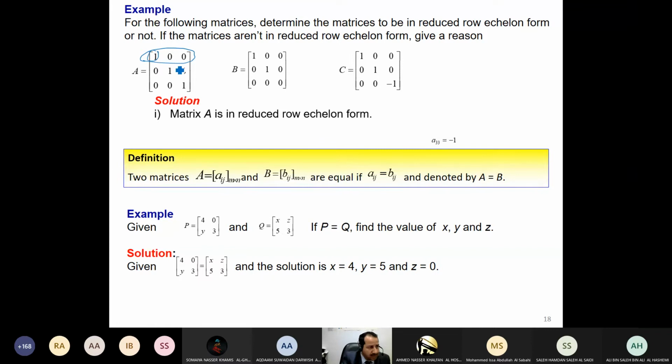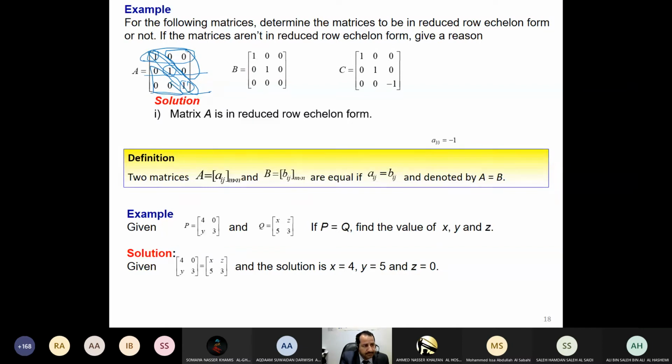As you can see here, the second row started with 1, one step behind. And the fourth condition we added to say that this is the reduced row echelon form is that the leading ones will be 1, otherwise zeros. You can see here zeros.